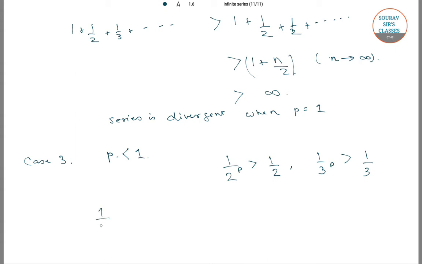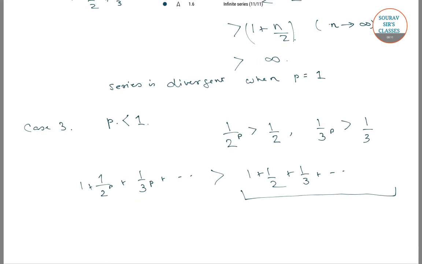Therefore, 1 plus 1 by 2 raised to the power p plus 1 by 3 raised to the power p plus so on is greater than 1 plus 1 by 2 plus 1 by 3 plus so on. Now, we have already proved that this series is a divergent series.